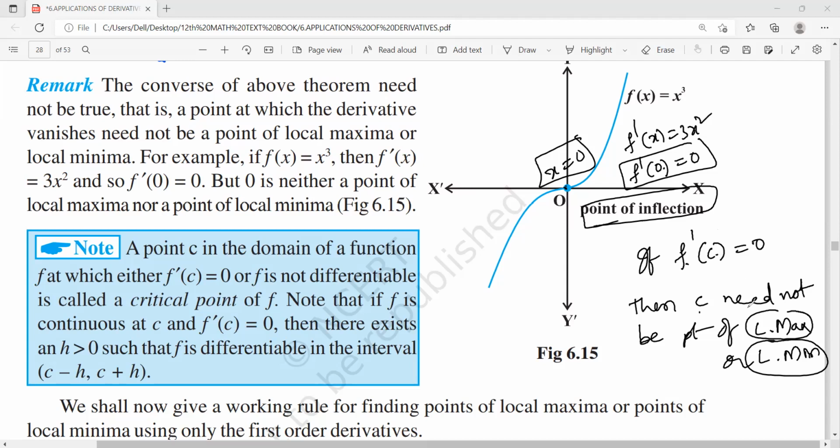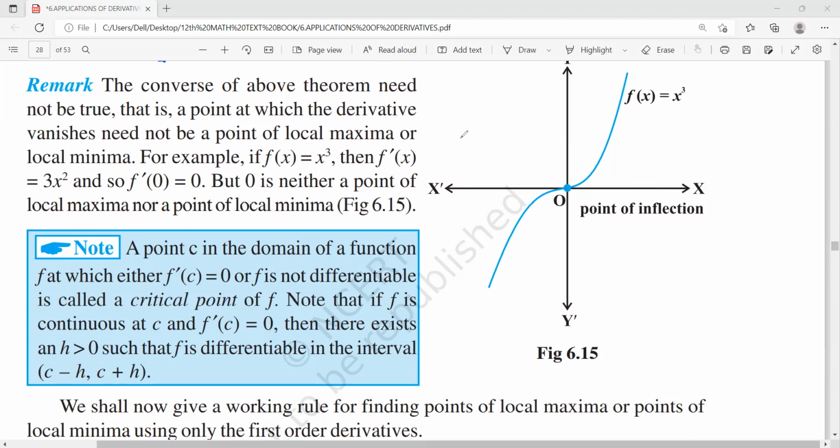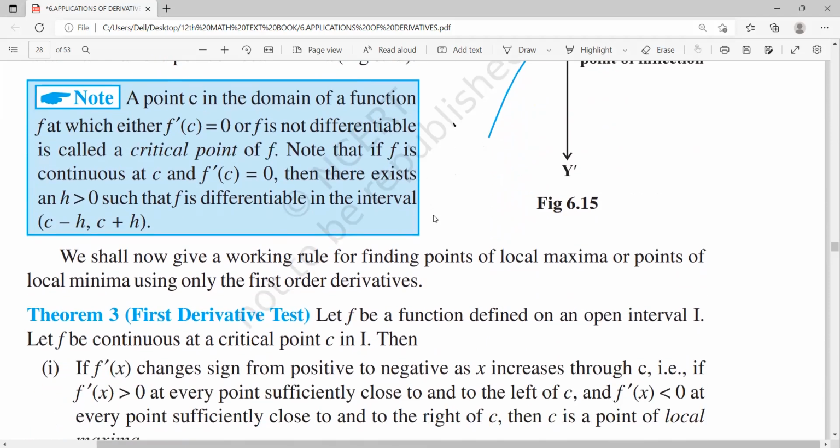Local minima we can find out by using second derivatives, but if it is a point of inflection, then we have to go for first derivatives. We are coming to first derivatives.